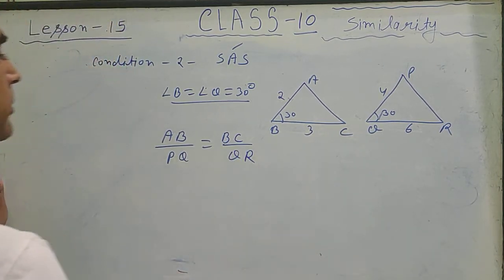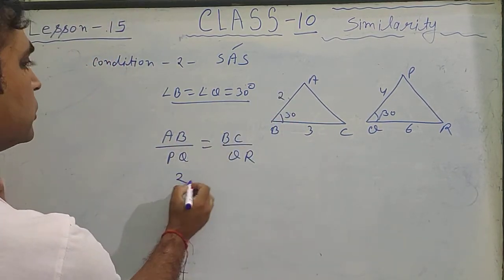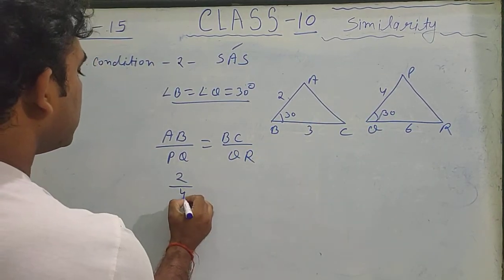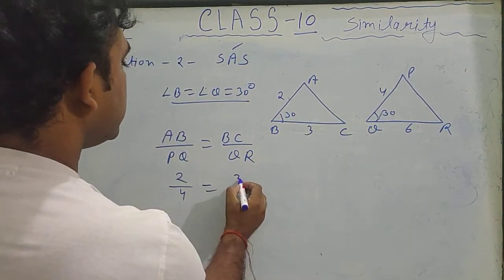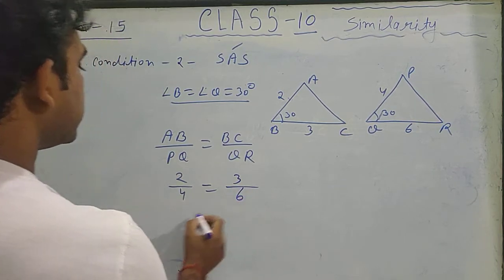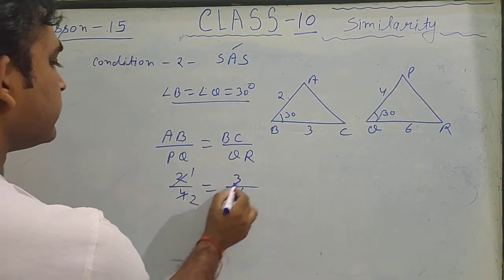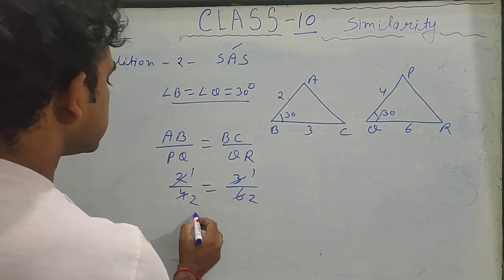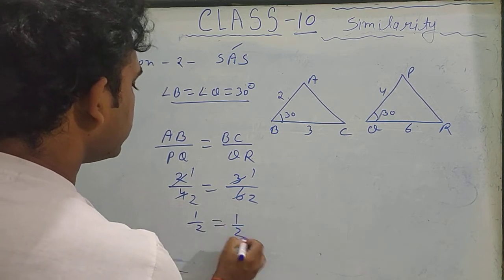It should be same. So AB is 2, PQ is 4, BC is 3 and QR is 6. 2 1 ja 2, 2 2 ja 4, 3 1 ja 3, 3 2 ja 6. 1 by 2 equal 1 by 2.